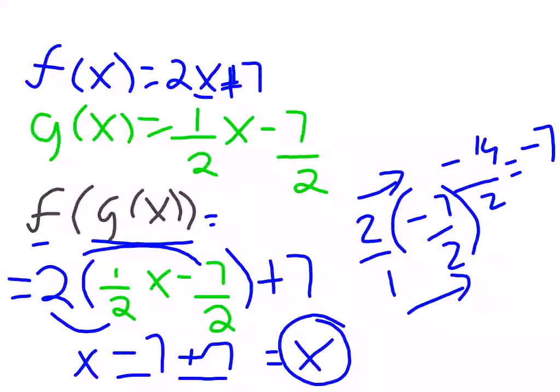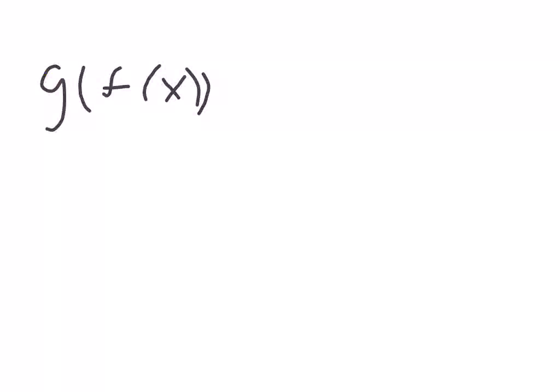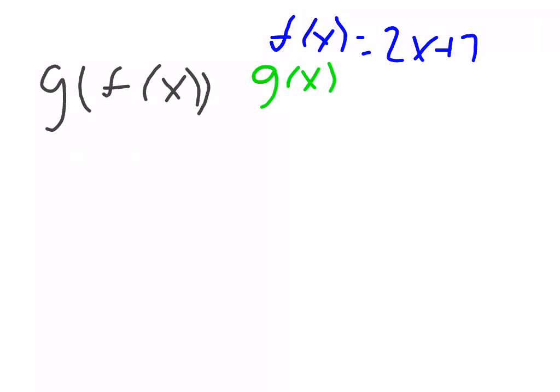I used blue for f and green for g. So let me just write them over here again. Blue for f of x was 2x plus 7, and g of x equals 1/2 x minus 7/2.